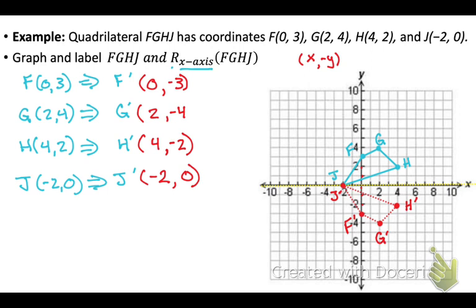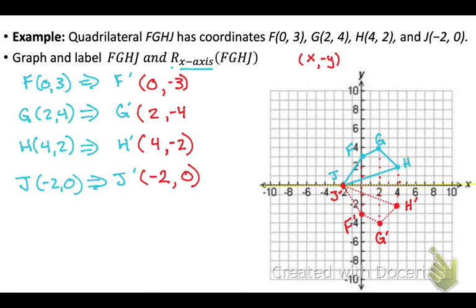G prime is 1, 2, 3, 4. So I should go what? 1, 2, 3, 4. Did that get me to G prime? H is 1, 2. So to get to H prime, it should be 1, 2. And J is on the line, so it should just be where it was.